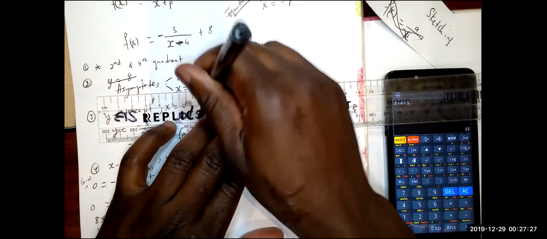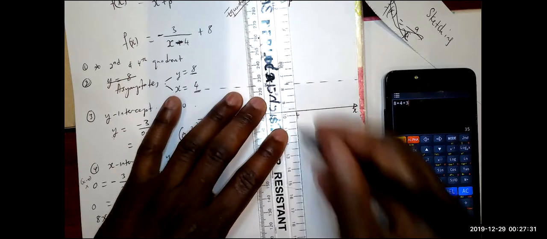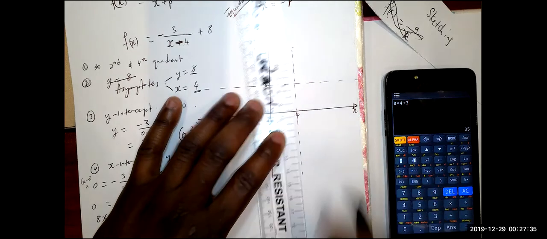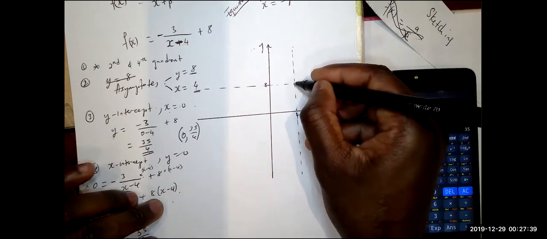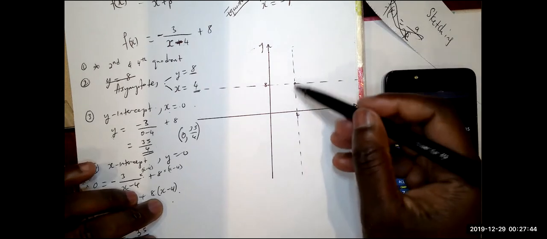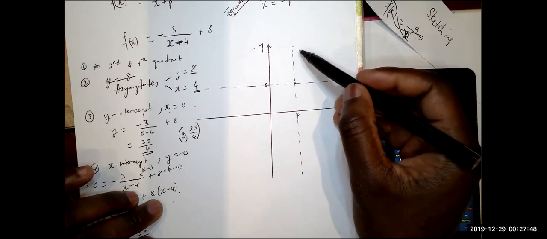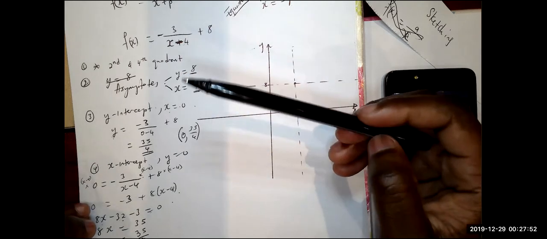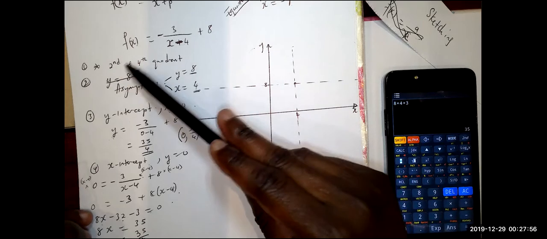This one, what I know, is an asymptote. Then here I also draw the asymptote. Now when I draw the asymptotes, this means that this is my new center. Now your graph here, you can see that it's in the second quadrant and the fourth quadrant.